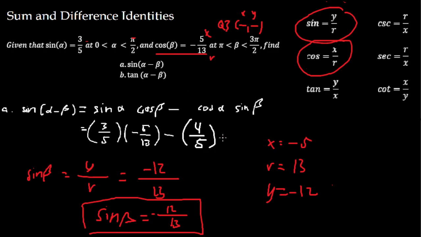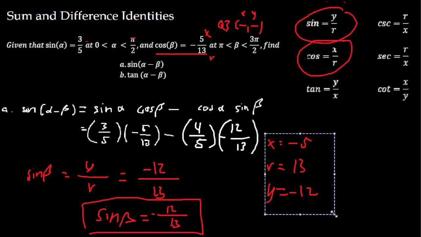Now we just substitute it. Sine of beta is equal to negative 12 over 13. I'll erase this.